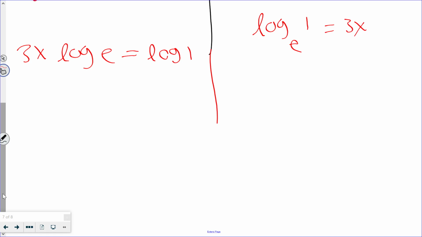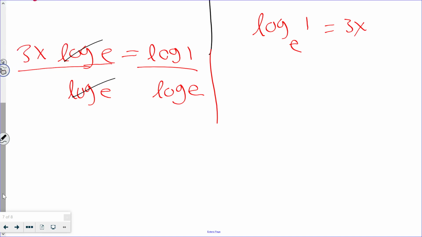All right. Kelvin, you said divide both sides by log e, which is correct. And like I showed you earlier, you could divide by 3 log e right now if you want to. Is that fine if you just do divide by 3 log e, or should we do log e and then divide by 3 afterwards? All right. So we'll divide by log e first.